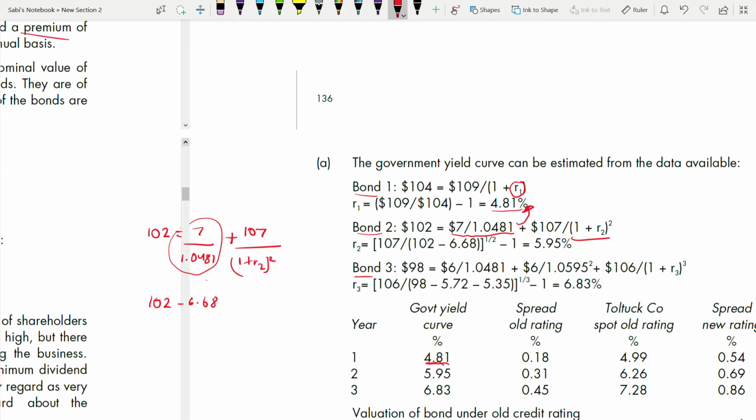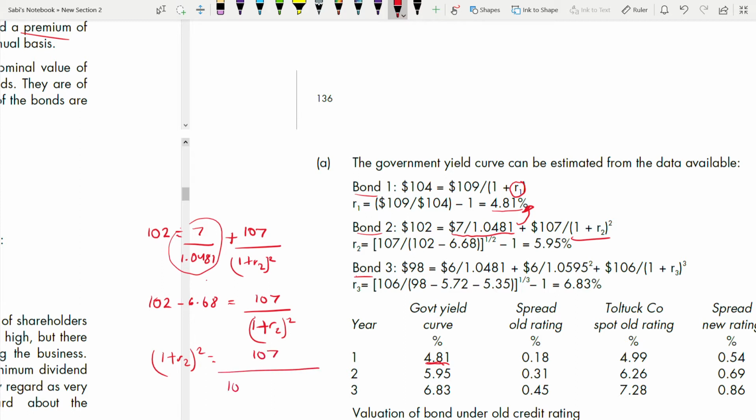6.68 equals 107 divided by (1 plus r) to the power 2. Now bring this to the other side. So it will be (1 plus r) to the power 2 equals 102 minus 6.68 on the other side.